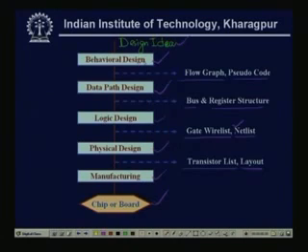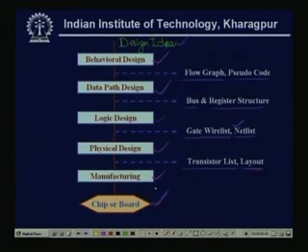First we get the behavioral design, what the function will be, then the data path design, a block diagram design where each block specifies some bus and register structures. Then it is the logic design, where the same thing is realized by a number of gates and wires.